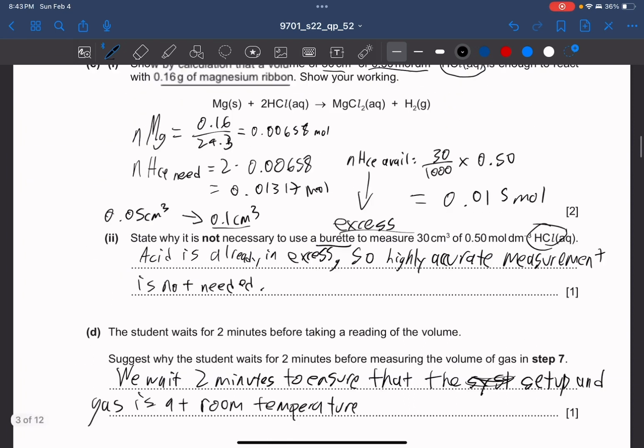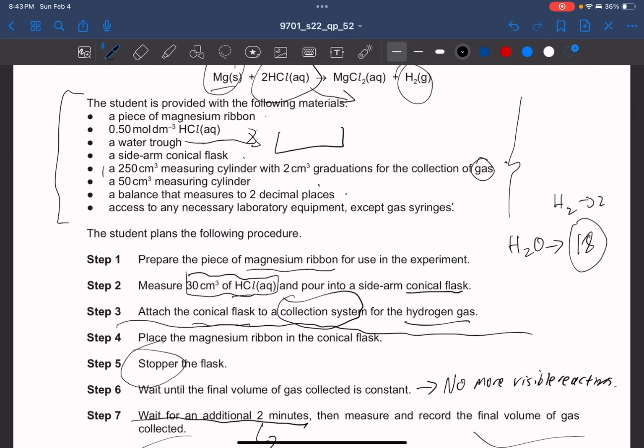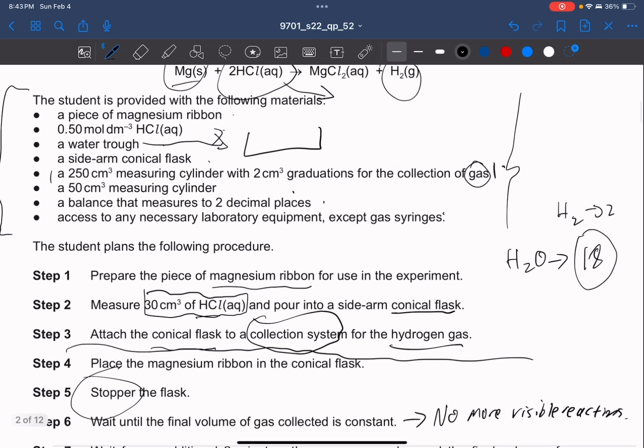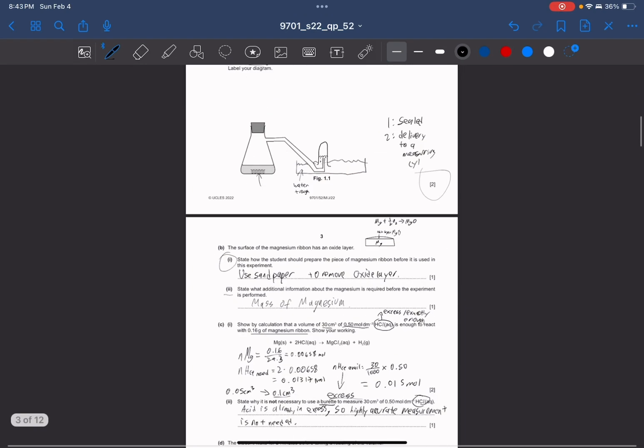So here the student was collecting using a 250 cm³ measuring cylinder with 2 cm³ graduations. So we're getting the percentage error.